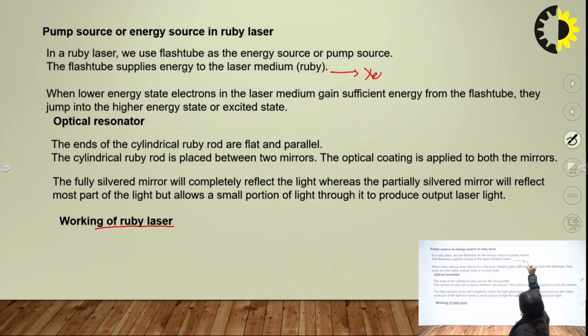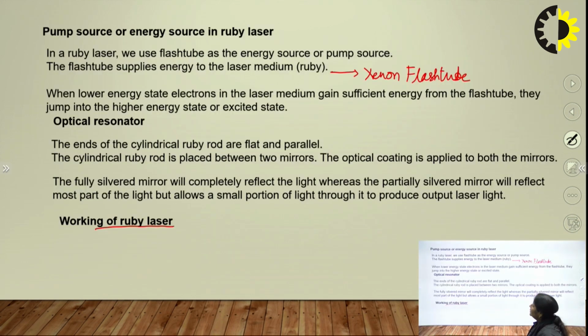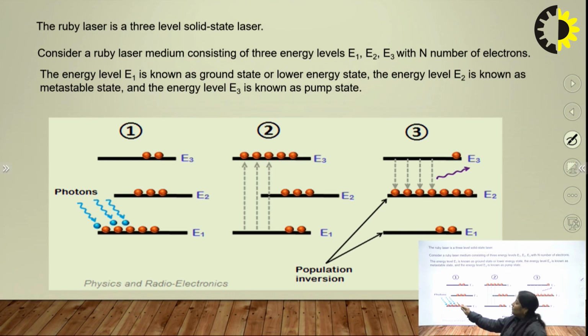This is the xenon flash tube which is used in the ruby laser. You can mention it here. And when you look at the diagram, you can understand, because this green light is because of that xenon flash tube. The xenon flash tube is emitting radiations, and these radiations are falling on that ruby rod.